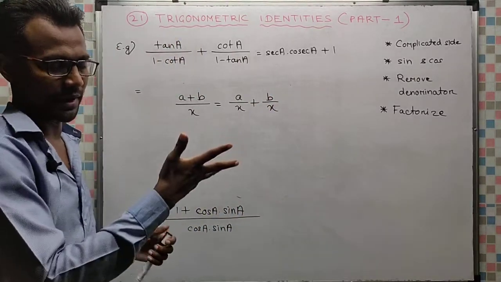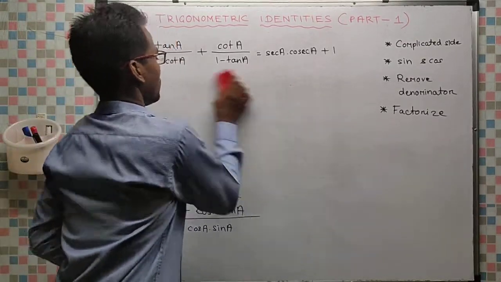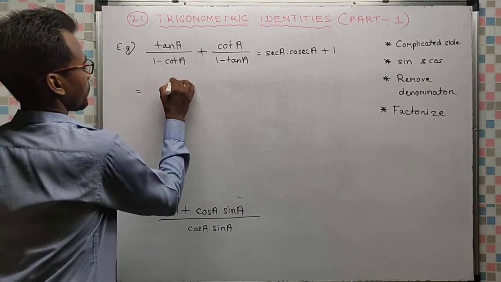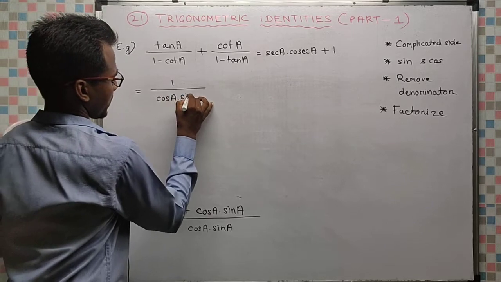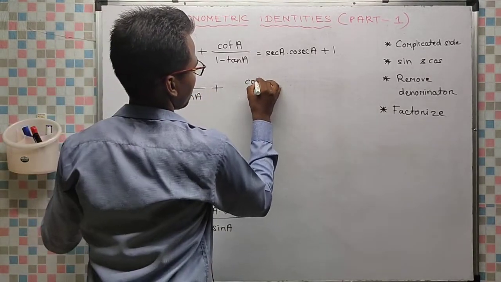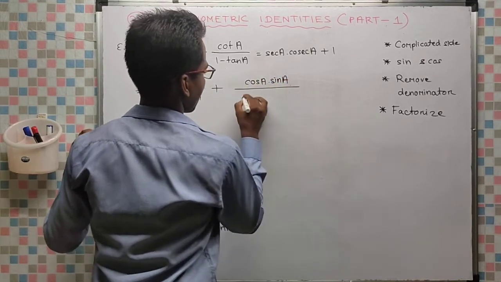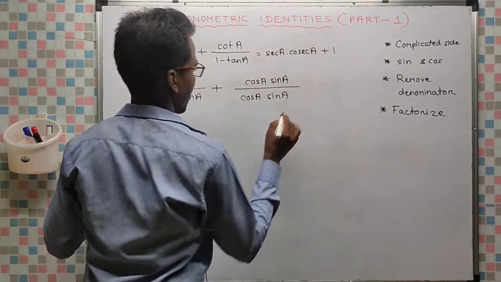Part by part I am dividing. So 1 by cos A sin A plus cos A sin A by cos A sin A.